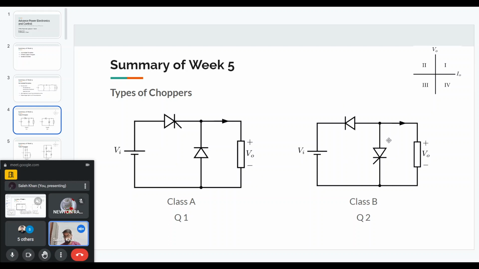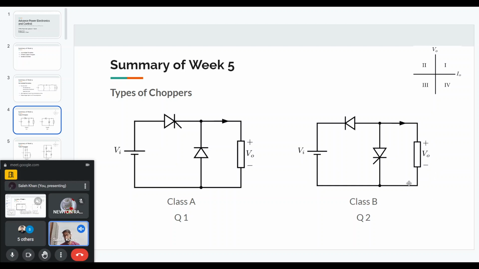Okay, so for class B chopper, the current will flow in the negative direction. You can see that the diode and SCR are arranged in such a way that they can only allow negative current. Because if we have a positive current, the diode will not allow it, and the SCR, the thyristor, will not allow it. So class B chopper can only allow current from the negative terminal of the output voltage to the positive terminal.